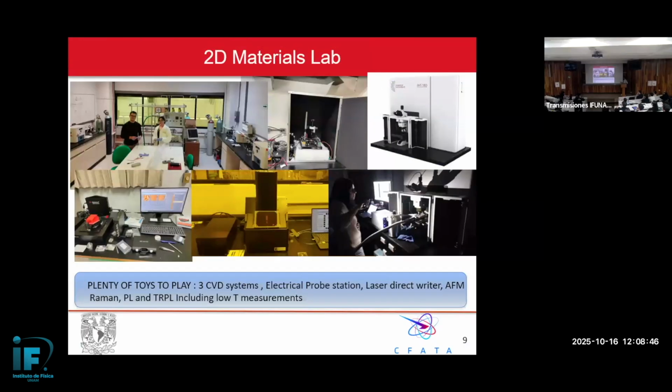So back to what we can do at CEFITA, especially in the group. We have three different chemical vapor deposition systems where we can grow these 2D materials. We can perform PL at room temperature and at low temperature. Well, not at low temperature, just at liquid nitrogen.